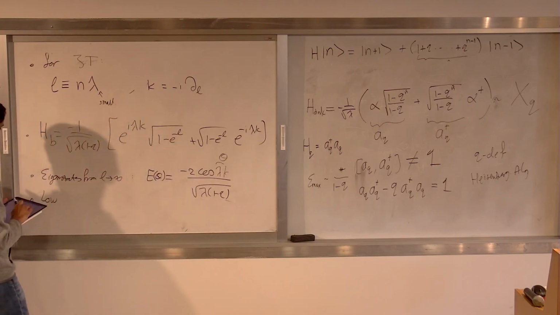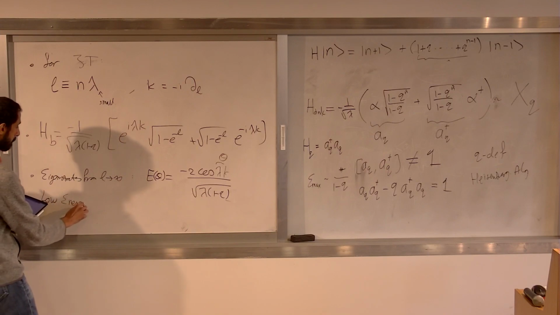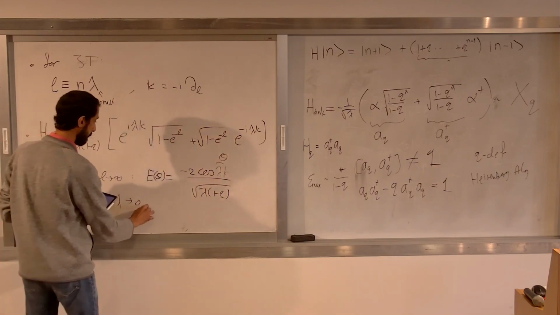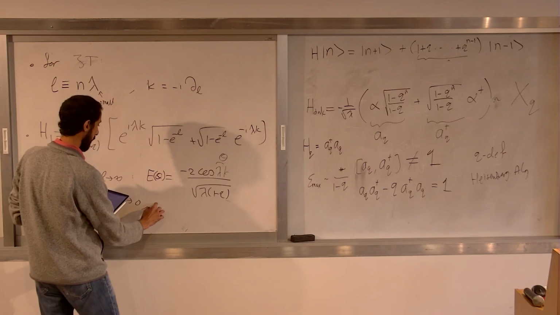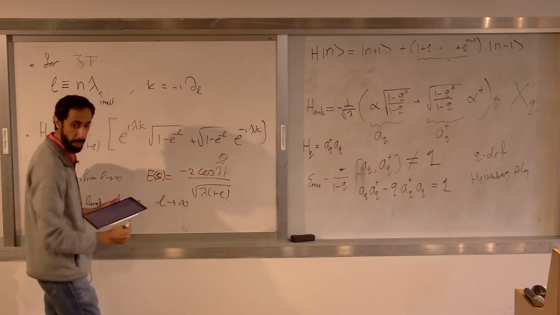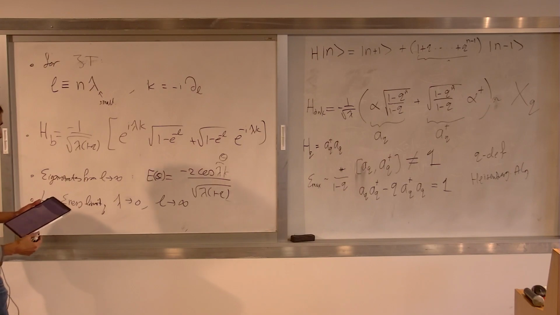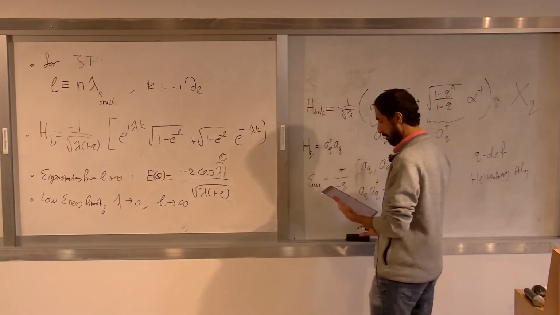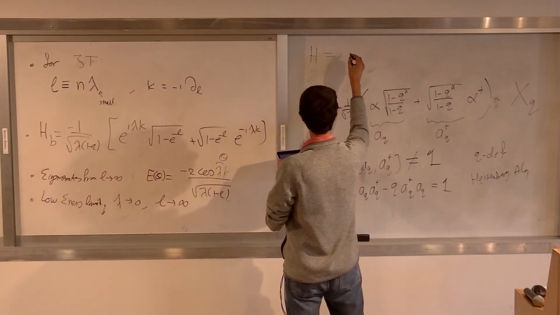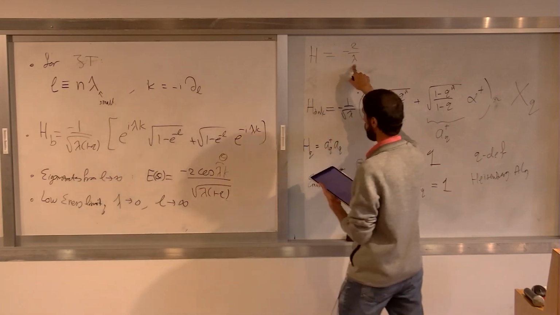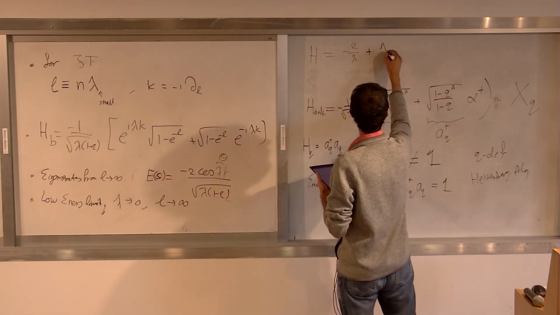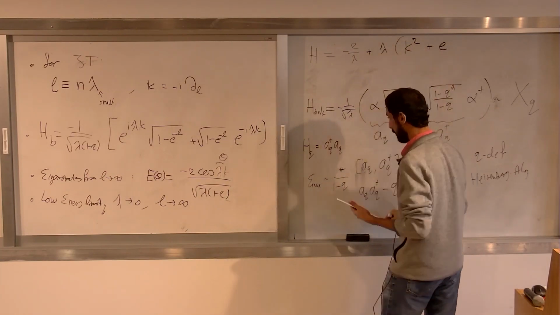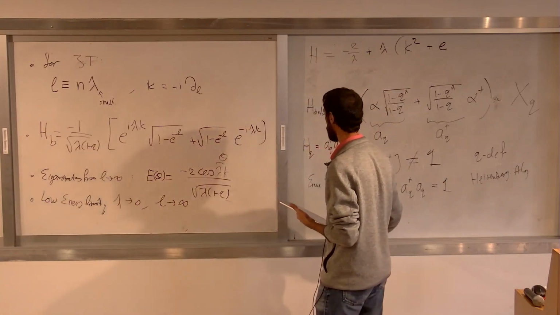So let's look at the low energy limit, and also take lambda goes to 0 and L goes to infinity. Now I'm focusing on the class of states where L is very large. If you do that and you expand this expression, you get that H is equal to minus 2 over lambda, some ground state energy, plus lambda times k squared plus, sorry, I forgot an important thing.